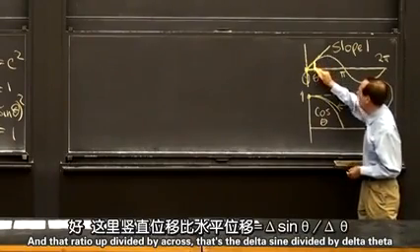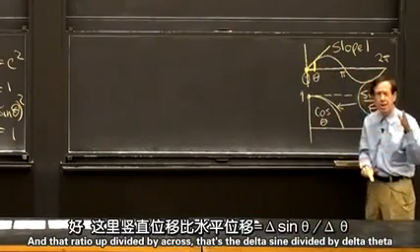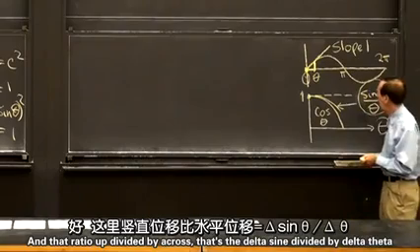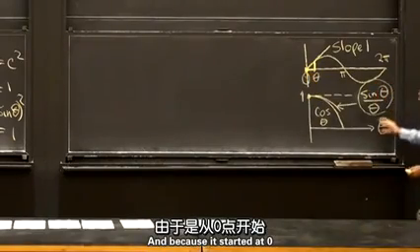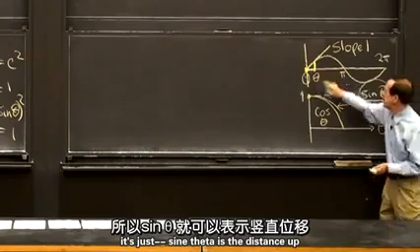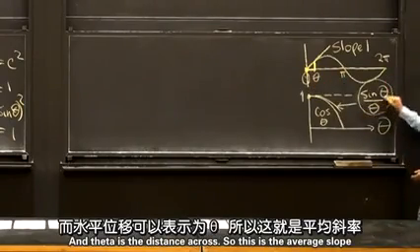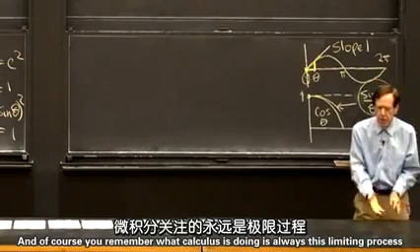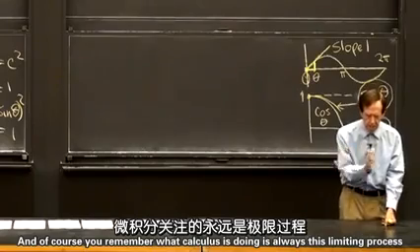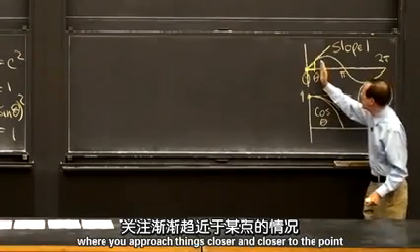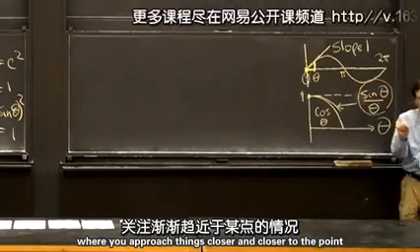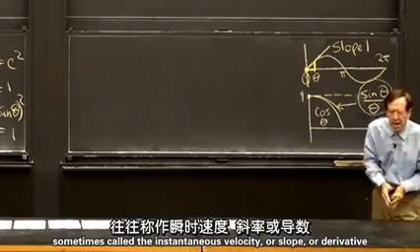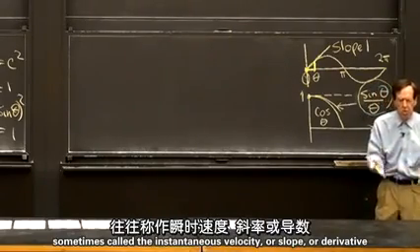And that ratio, up divided by across, that's the delta sine divided by delta theta. And because it started at 0, it's just sine theta is the distance up, and theta is the distance across. So this is the average slope. And, of course, you remember what calculus is doing. There's always this limiting process where you push things closer and closer to the point, and you find the slope at that point, sometimes called the instantaneous velocity or slope or derivative.